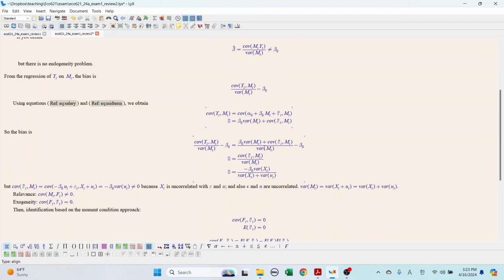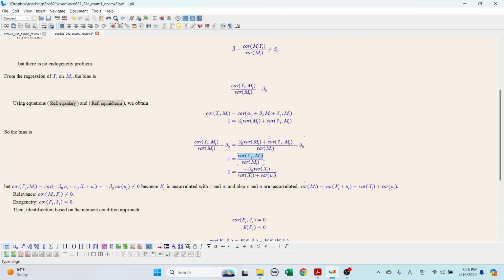Then you will get this. So the bias is, you replace y with this epsilon tilde, and then you are going to get these things. So the bias, this minus beta 0, is like this.